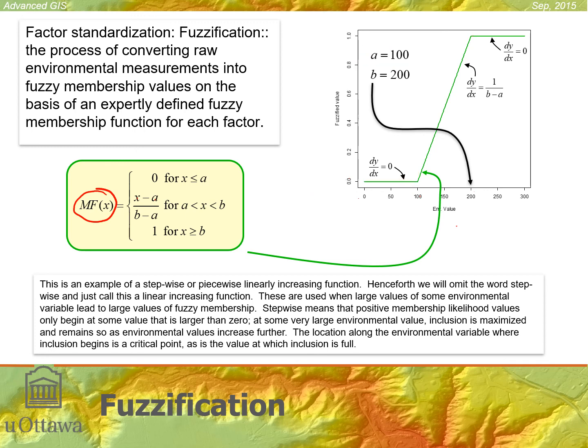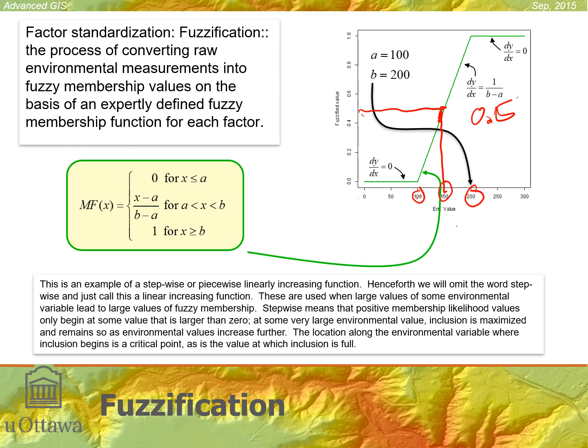Where membership here is membership in suitability for Kudzu. And this is a commonly used function for fuzzification because it gives us this idea of uncertainty. Uncertainty exists between 100 and 200. So let's say at 150 growing degree days, we'll have approximately 0.5 as the membership value.